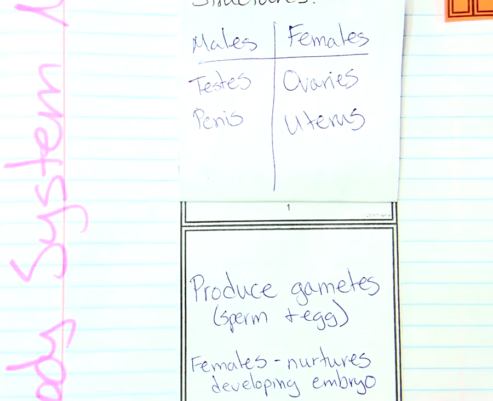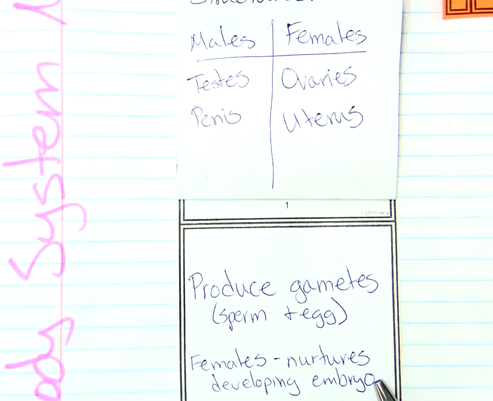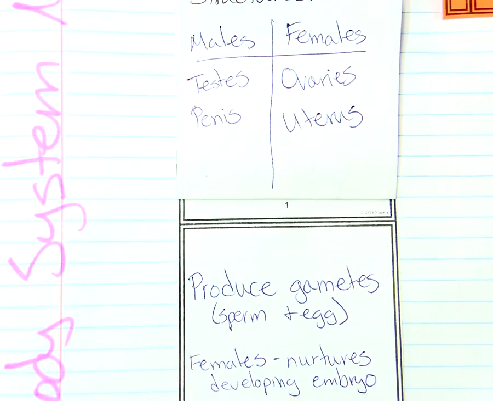And then in females, the female reproductive system also nurtures the developing embryo. In animals that lay eggs, birds, reptiles, fish, once the female creates the egg, she's done with her nurturing job. Mammals, that lasts a little bit longer.